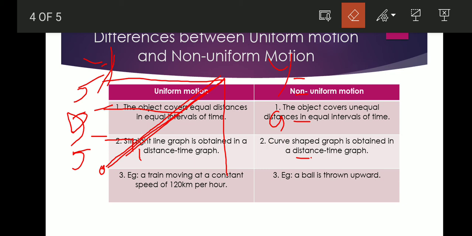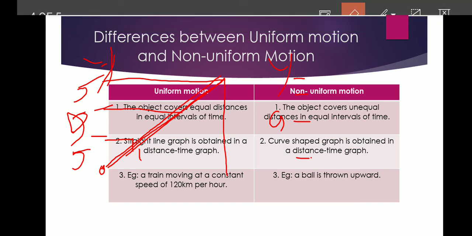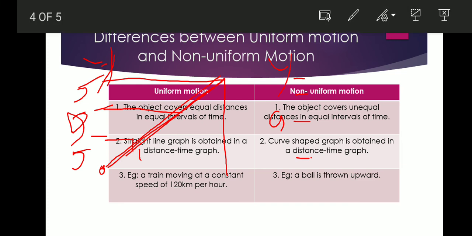If you throw a ball upward, initially the velocity will be very high, but slowly that velocity will decrease. Then at last it will be 0. Then it will fall back to the ground. In this case, a ball thrown upward is non-uniform motion.